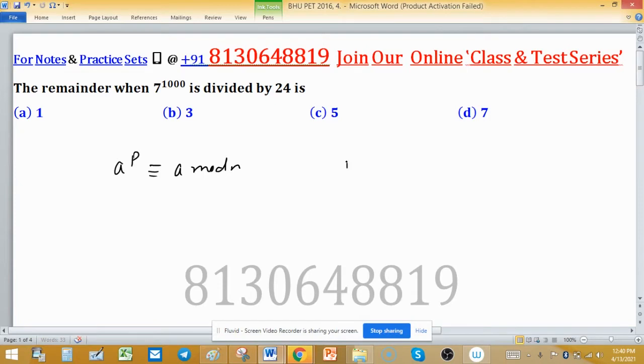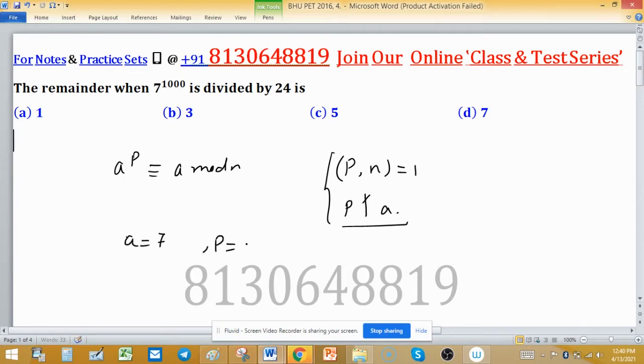The condition is that the GCD of p and n must be 1, and p should not divide a. If these two conditions are fulfilled, then you can apply Fermat's theorem easily. So consider the value of a as 7, p as 5, and n as 24, as given.